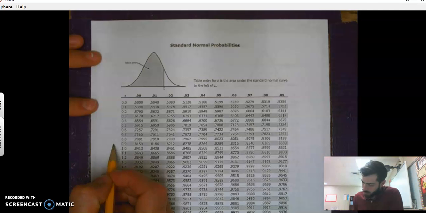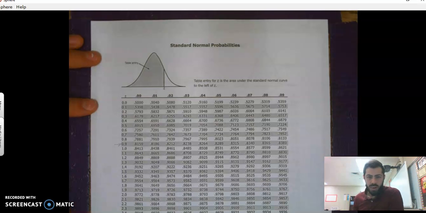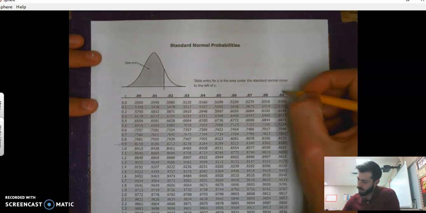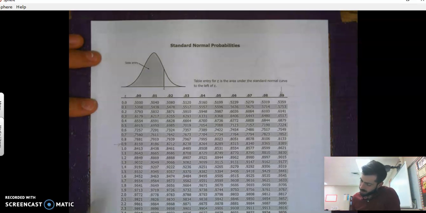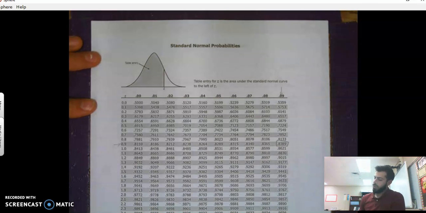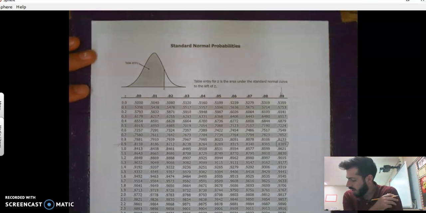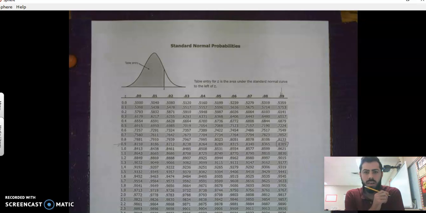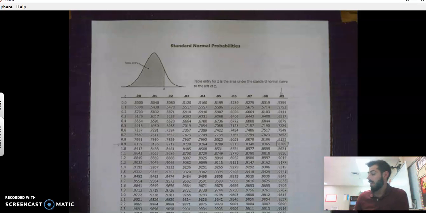We find 0.9, which is this row right here, and then the second decimal point will give us that column right there. We see where these two meet, and we see that she scored better than 0.8389 of her class, or in other words, almost 84% of her class. So she would be in the 84th percentile of this class, right?